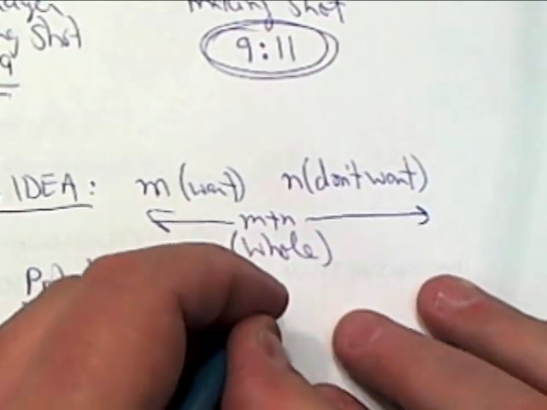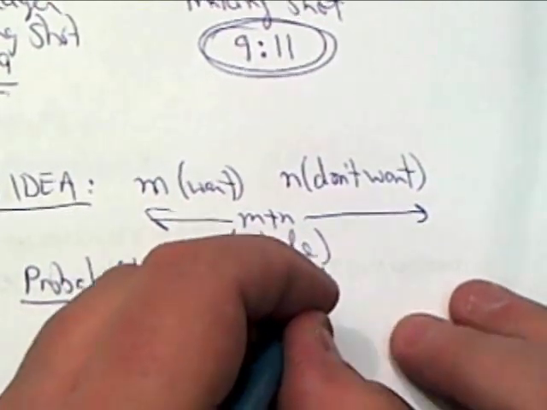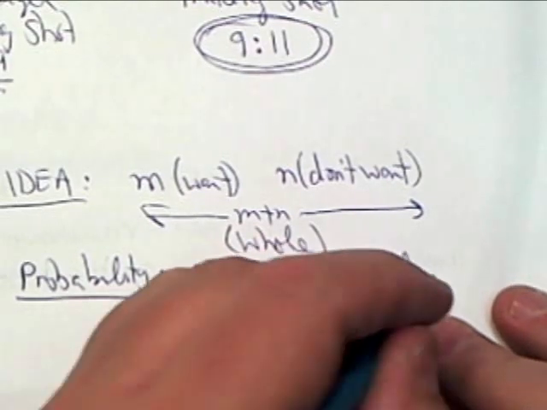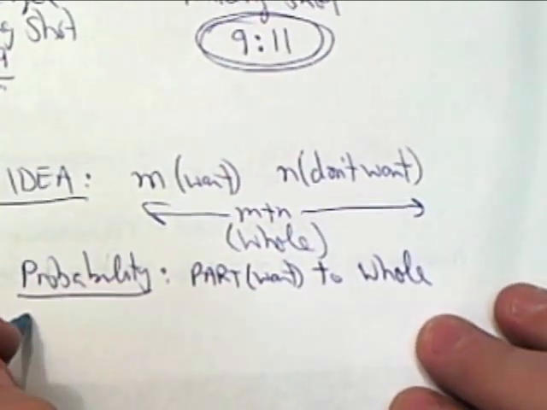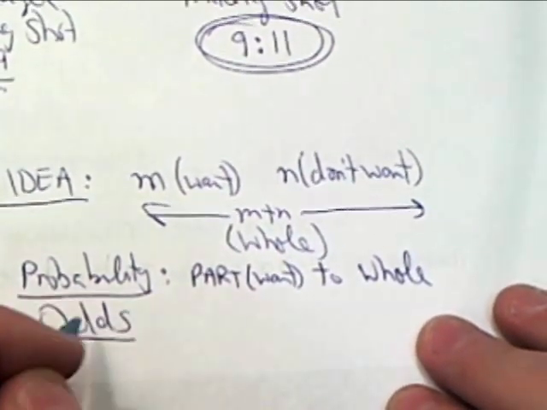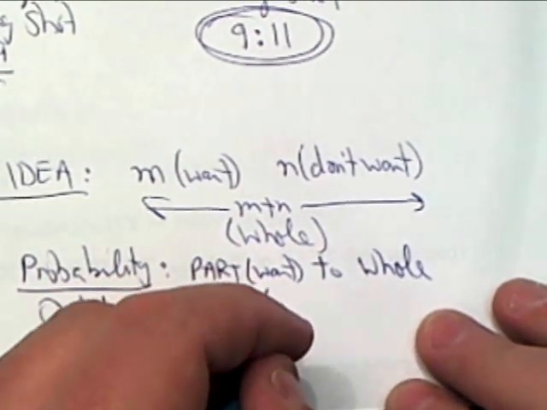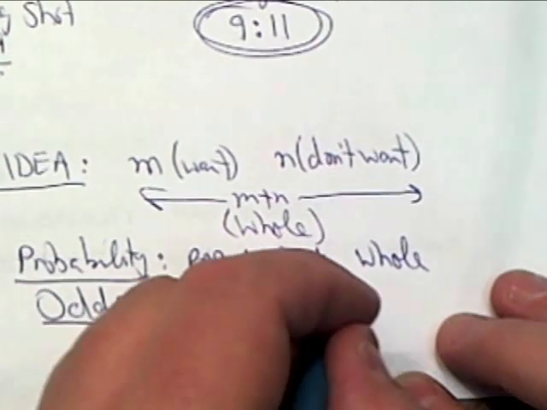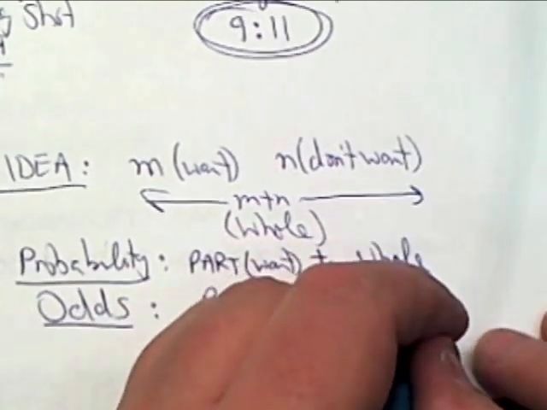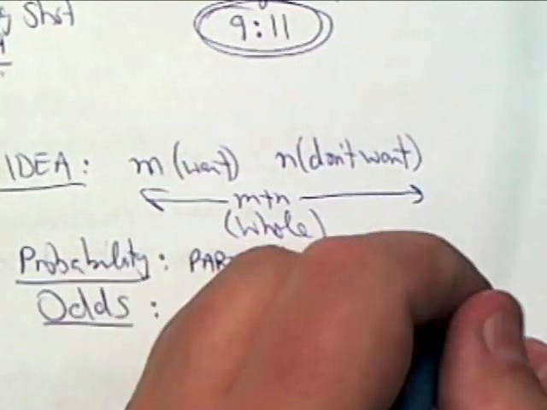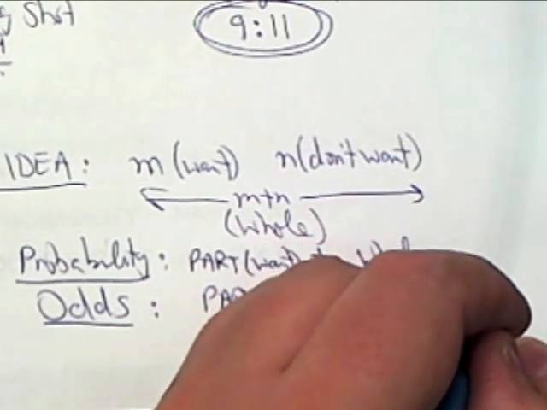If you're doing a probability, it's always going to be part to whole. It's the part you want to the whole. But when you're doing odds, it's going to be part to part, and it's the part you want to the part you don't want.